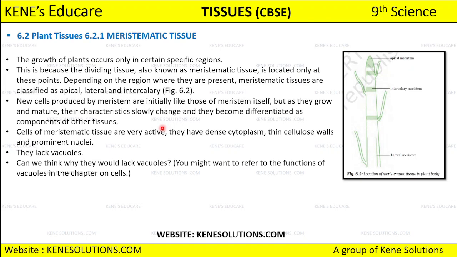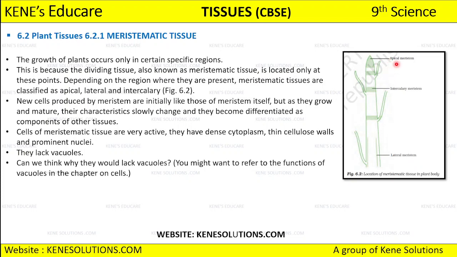Now we are aware that plant tissues are of two types: meristematic tissue and permanent tissue. Meristematic tissue is further divided into apical meristematic tissue, intercalary meristematic tissue, and lastly lateral meristematic tissue.